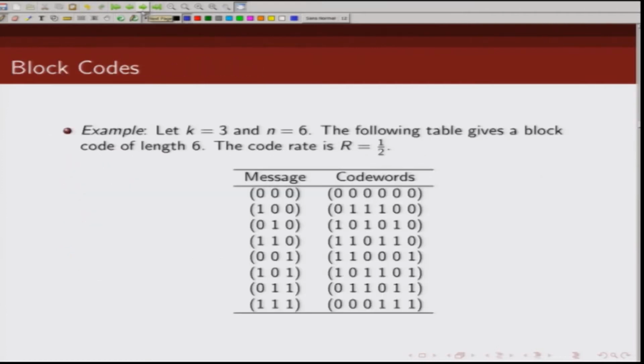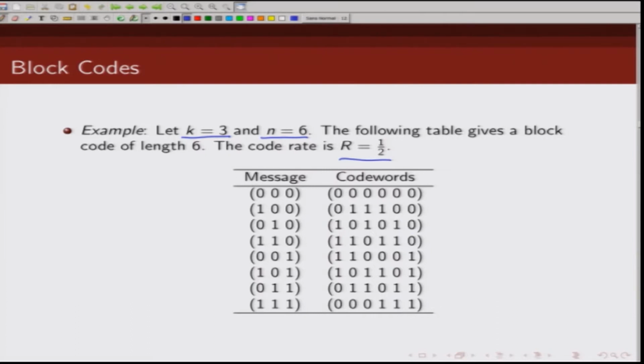Let us consider an example of a linear block code. In this example the number of information bits is 3 and the number of coded bits is 6. So, the code rate, which is the ratio of information bits to coded bits, is 3 by 6, which is half.